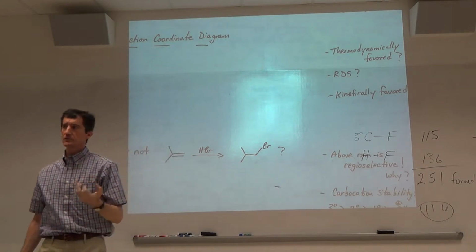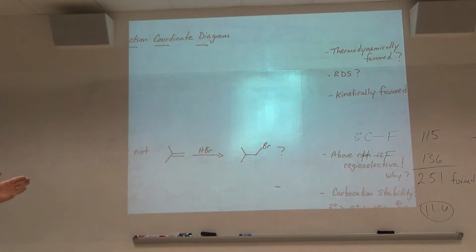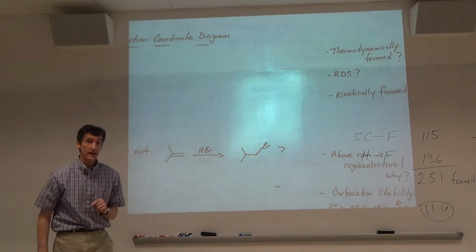And so regioselectivity is just a term to describe that. If I do a reaction and the bromine ends up bonding to this region of the molecule versus this, we say it's regioselective for this region. Okay? It's just terminology to allow you to describe a reaction.